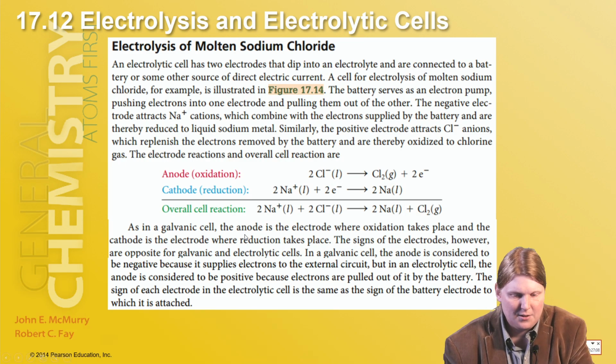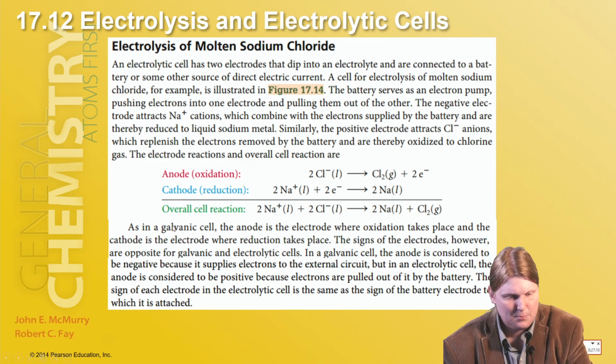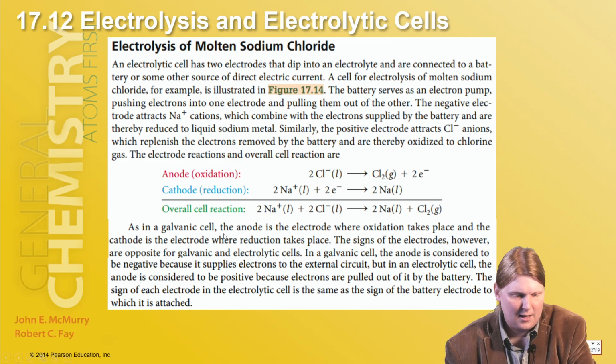As in a galvanic cell, the anode is the electrode where oxidation takes place, and the cathode is the electrode where reduction takes place, but the signs are typically reversed. So anode is still oxidation, cathode is still reduction, but the signs switch. In a galvanic cell, the anode is considered to be negative, but in an electrolytic cell, the anode is considered positive.